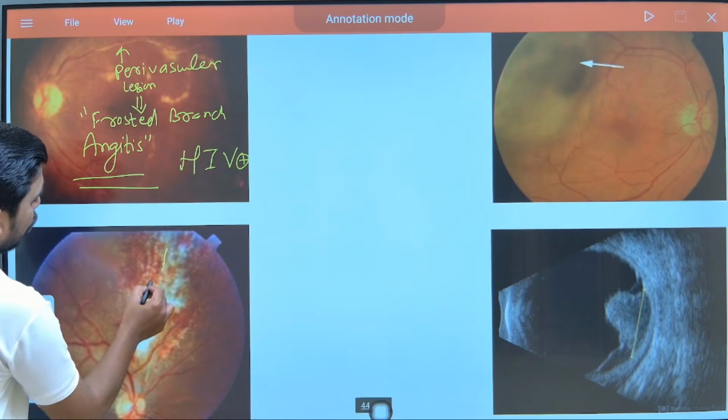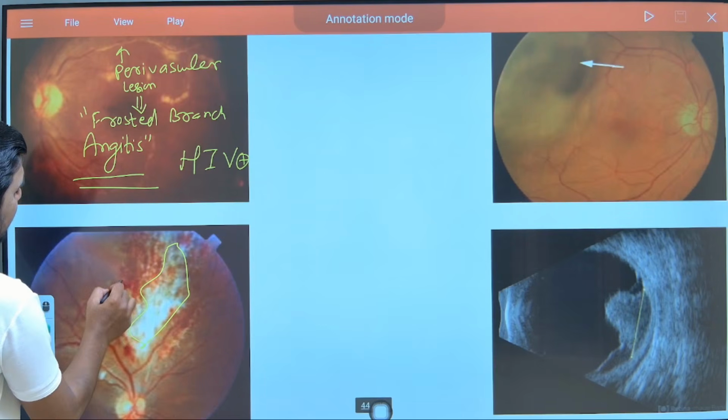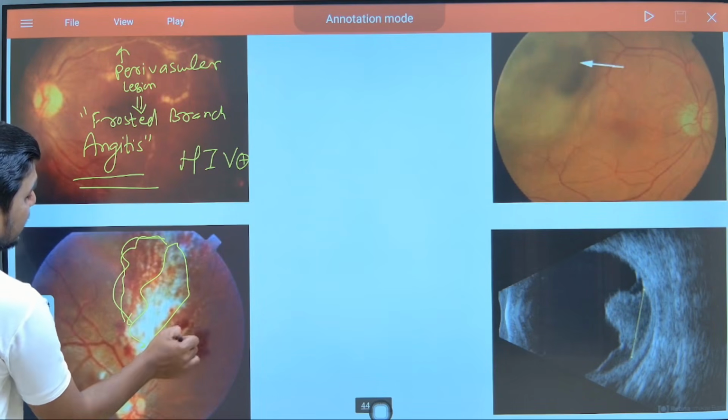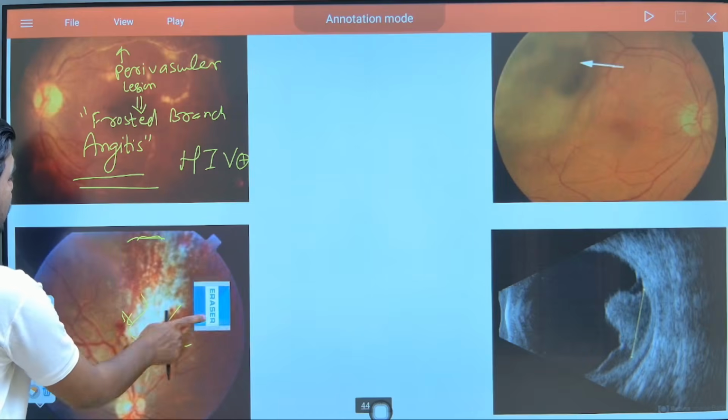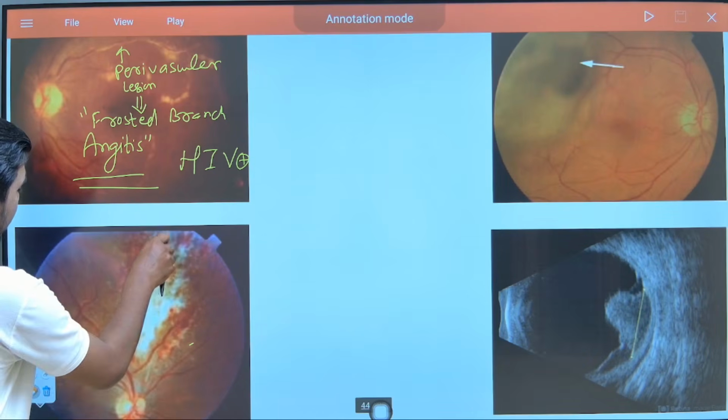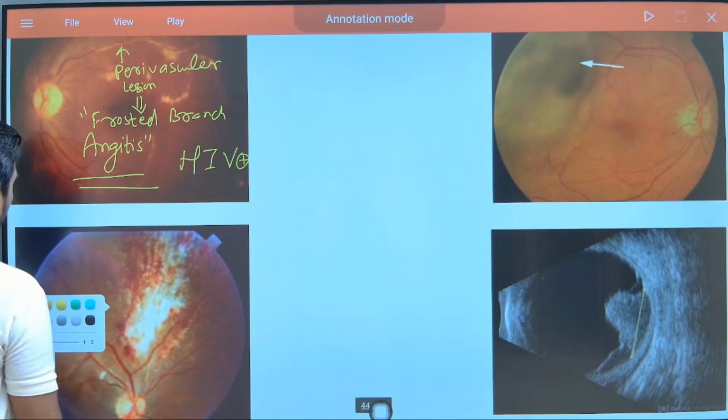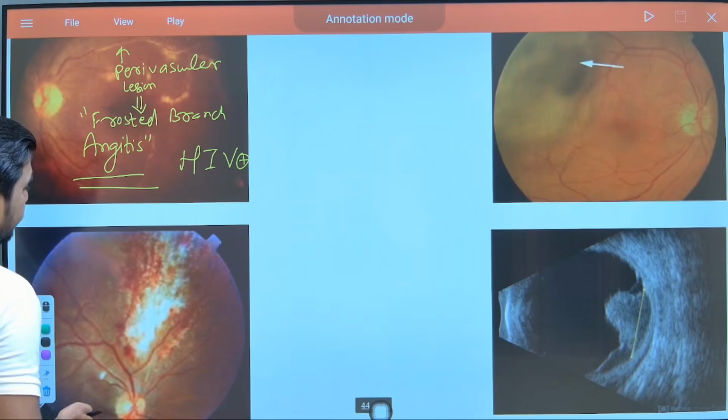Similarly, you see so many yellow exudates and there is a hemorrhage here. Understood? Now what is this called?